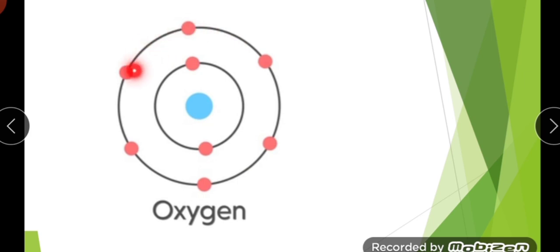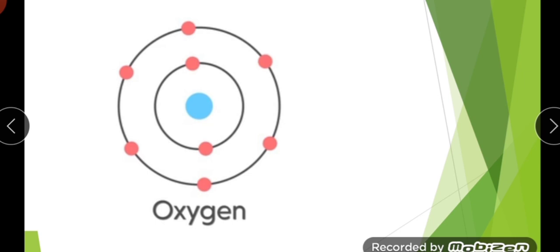The second shell, the L shell, has 6 electrons. They are not evenly distributed, children. Can we distribute them evenly as 4 electrons in the first shell and 4 electrons in the second shell? No, it is not possible, because the electrons cannot be present randomly in any shell.